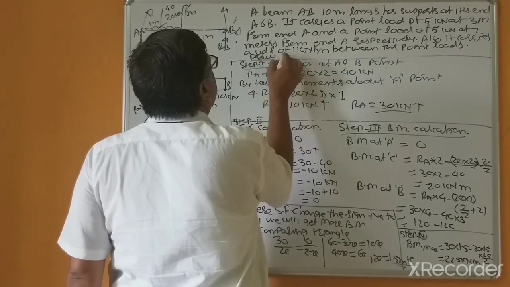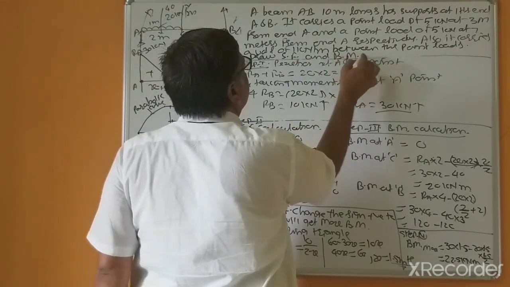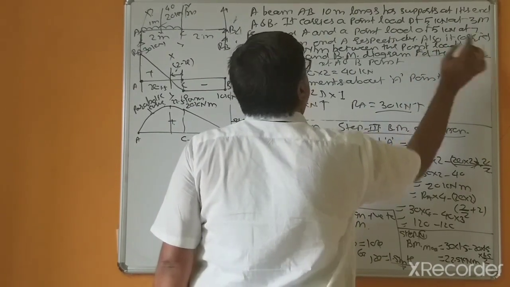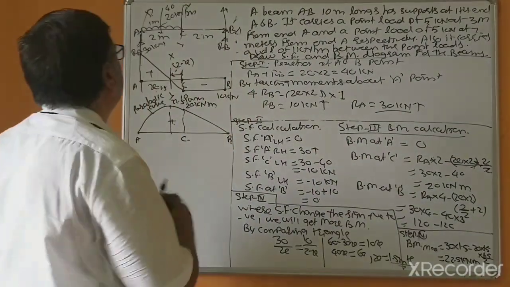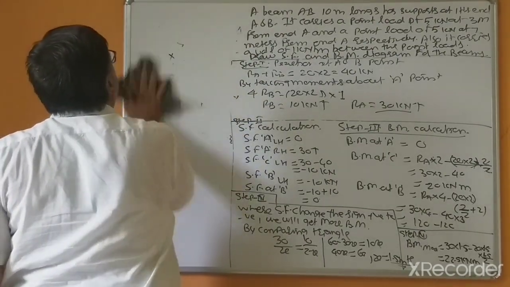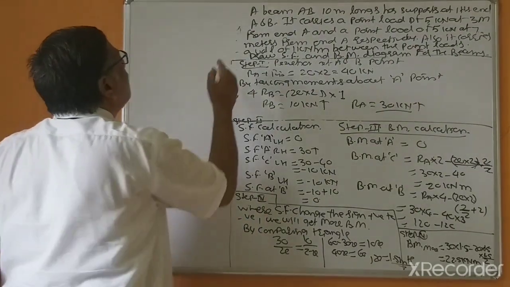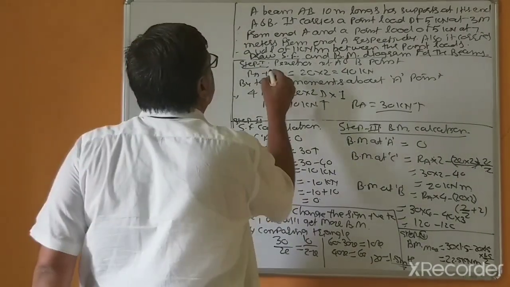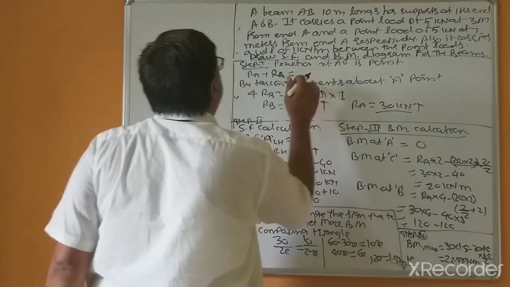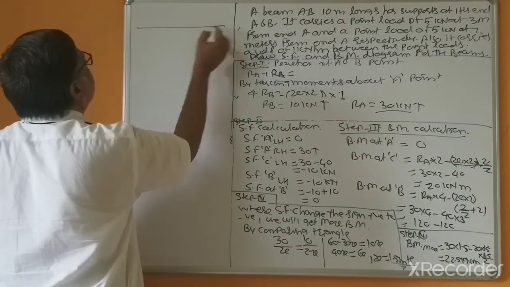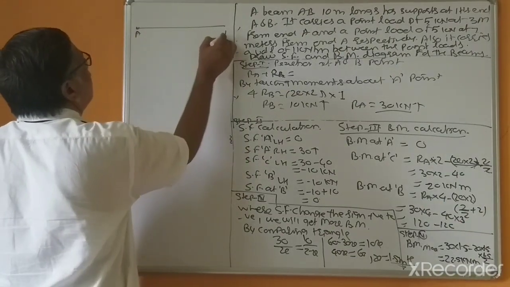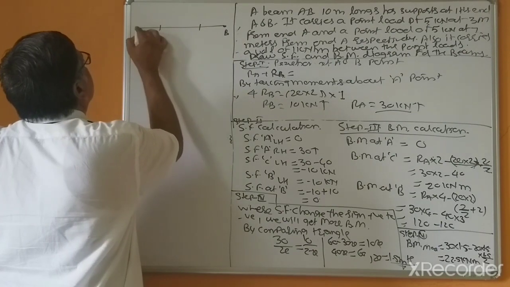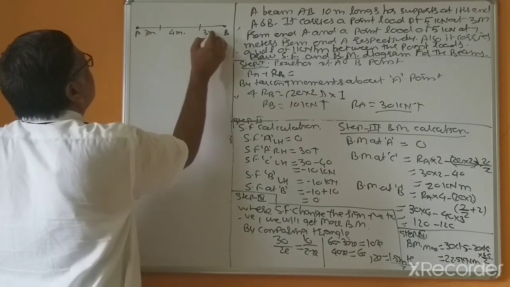In this case, as per the given data, A, B: this is 3 meter, this is 4 meter and this is 3 meter.